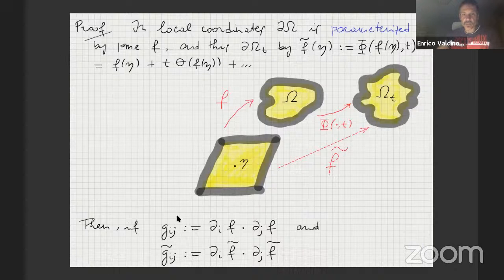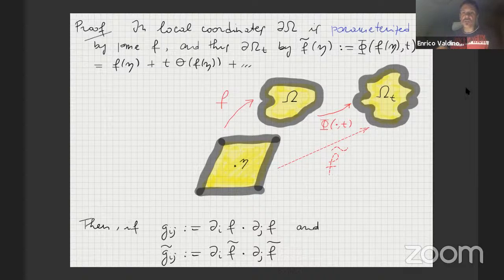And so you know that the metric is given by the scalar product between the i-th and j-th derivatives of f. And I also call f tilde the composition between the diffeomorphism at time t and the map f. So f tilde is the local parametrization of my surface element at time t, obtained just by composition in the obvious way.